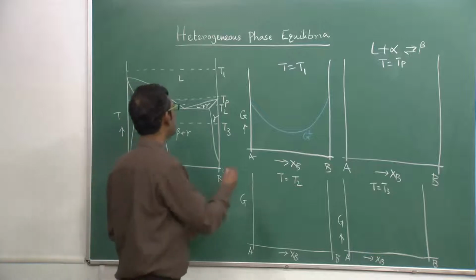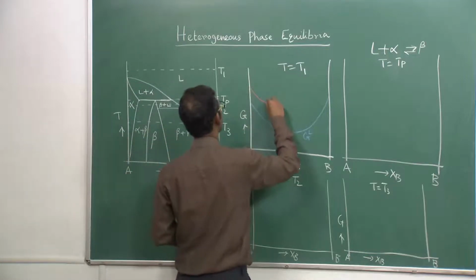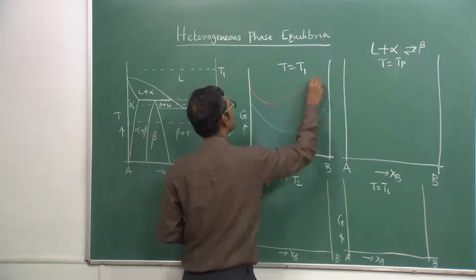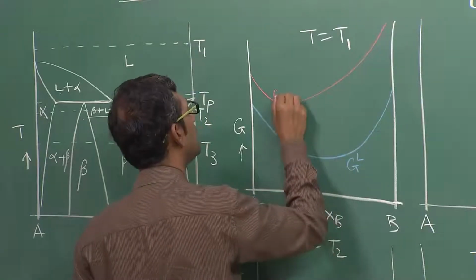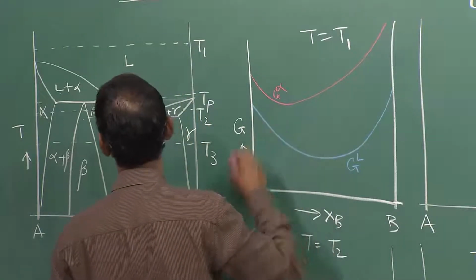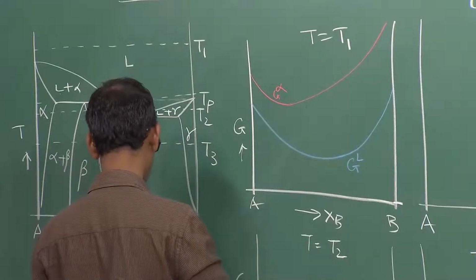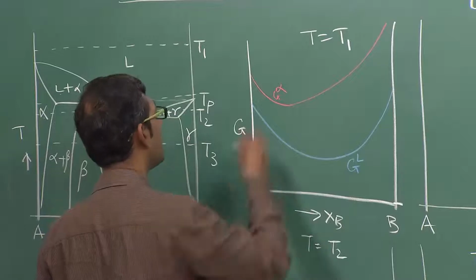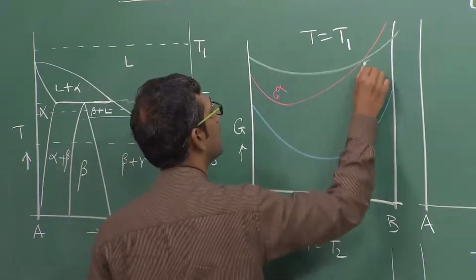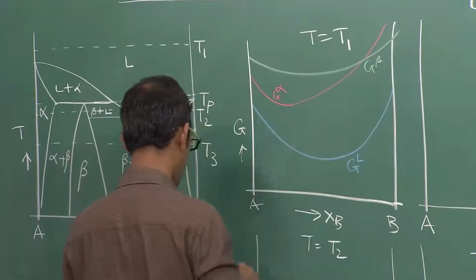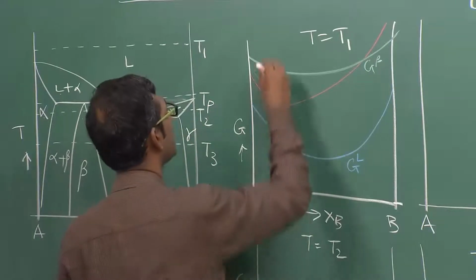Now for alpha we are going to use G alpha, then G beta, let us say in blue, and G gamma we will draw with white chalk.